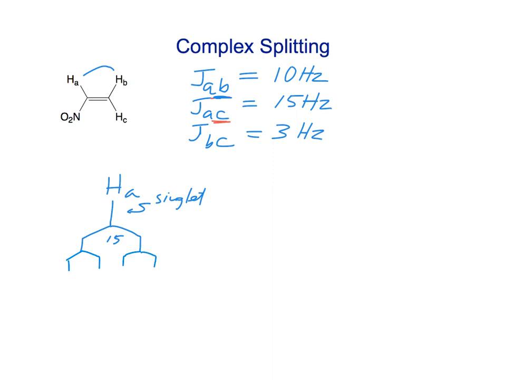So we'll say that this is 10, and this is 10. And because they're all doublets, their intensities are just going to be 1 to 1 and 1 to 1. So what the signal would look like would be just something like this. We'd have 4 peaks, all roughly the same height.